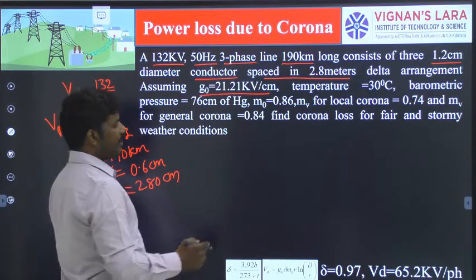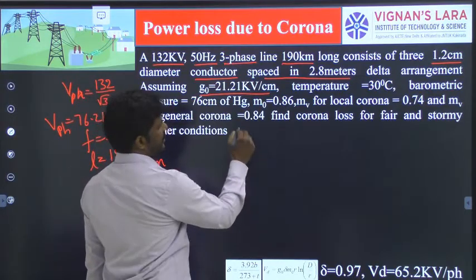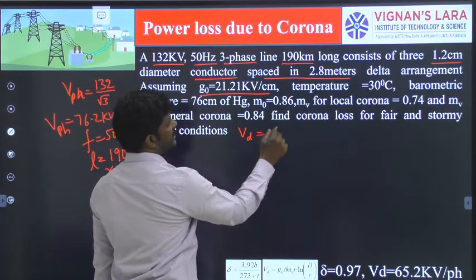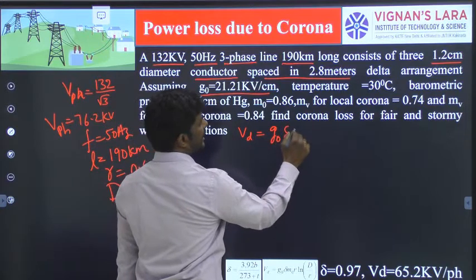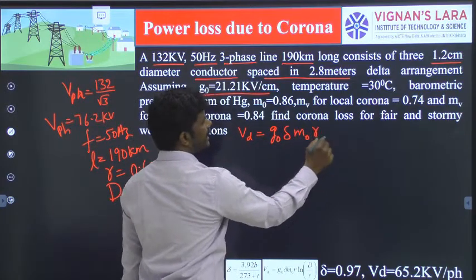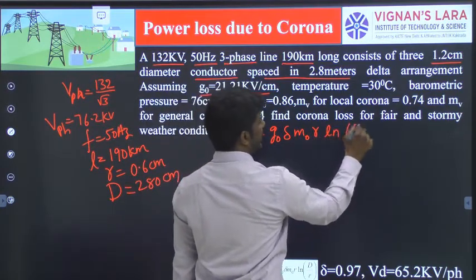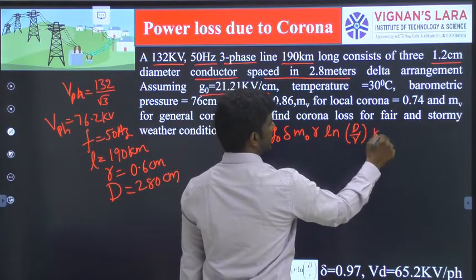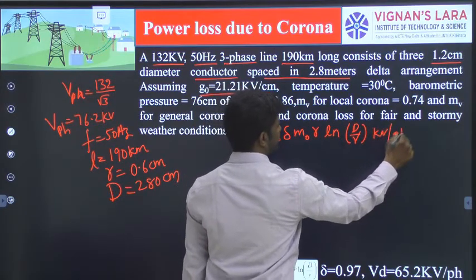Now I want to calculate the disruptive critical voltage VD, whose formula is G naught delta M naught R ln of D by R, whose unit is kV per phase.